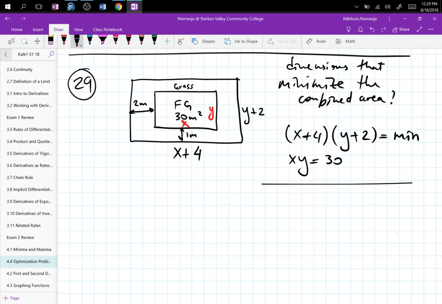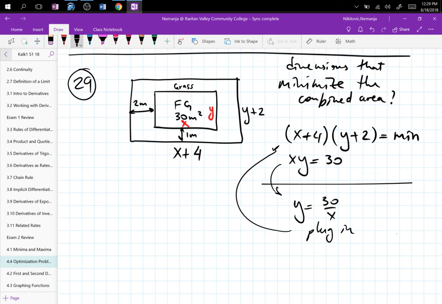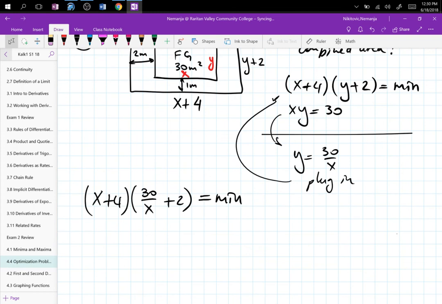Good. So, solve for either x or y. Okay, y is equal to 30 over x. And then plug in. So what do we get? We get x plus 4, and instead of y, we get 30 over x plus 2 to be minimum. Foil this.